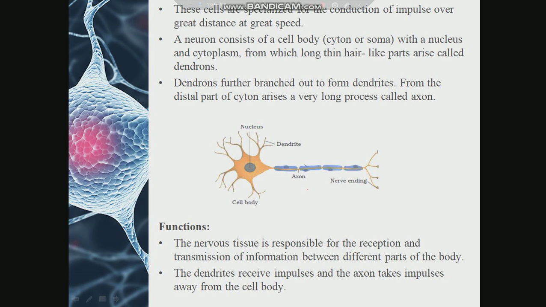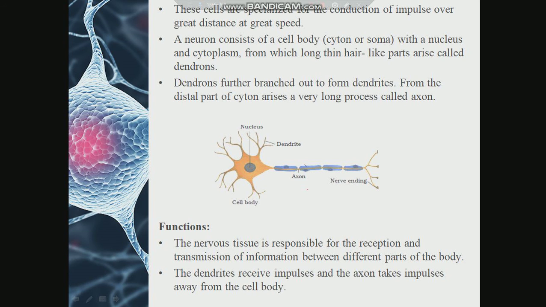Dendrons further branch out to form dendrites. From the distal part of the cyton arises a very long process called the axon, a long tube-like structure which is branched.